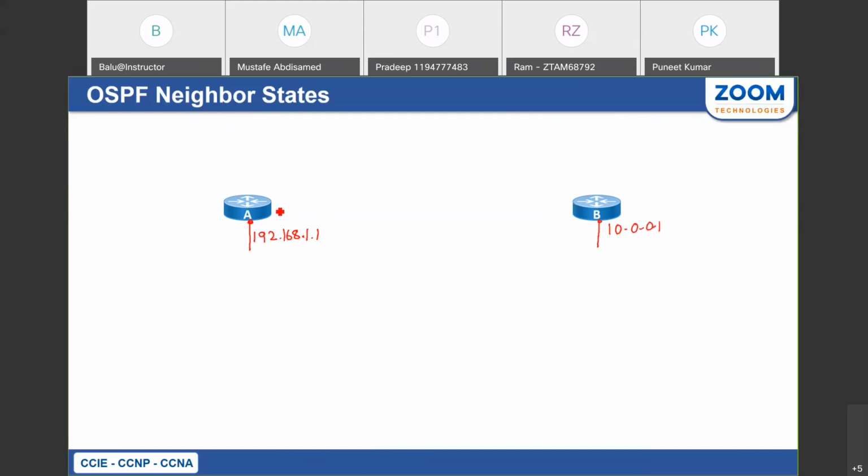The link between A and B is a WAN link, serial 0/0 with IP address 18.1.1.1, and here 18.1.1.2 is serial 0/1. Okay.